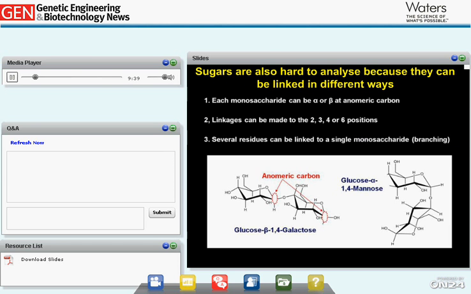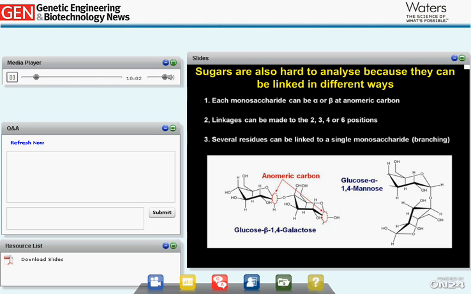So as well as defining the particular monosaccharides and the carbon numbers which are linked together, you also need to define the anomericity at each linkage. And to make it even more of a problem, glycans are branched because several residues can be linked to a single monosaccharide.